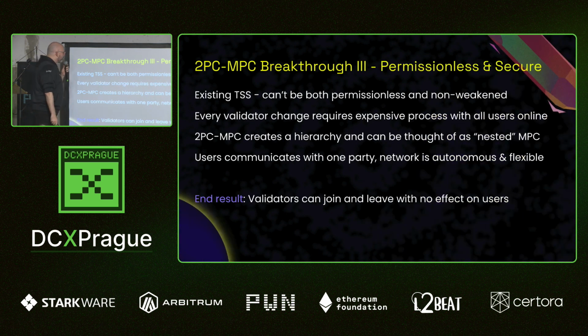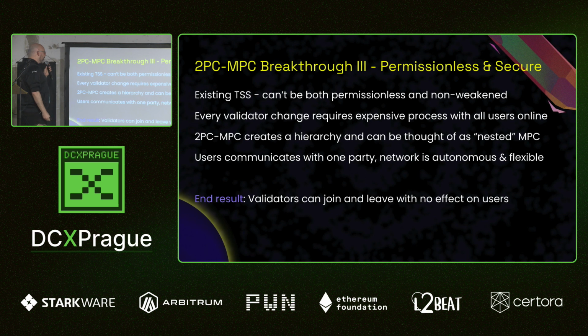And the third breakthrough is the tiered approach, right? Being able to balance security and performance in a permissionless setting. So with existing TSS, as we said, we can't be both permissionless and ensure non-weakening, right? And we have to choose one or the other. Every validator change requires an expensive process with all the users online, which is just something that you can't really expect.